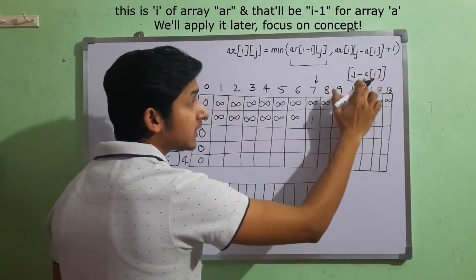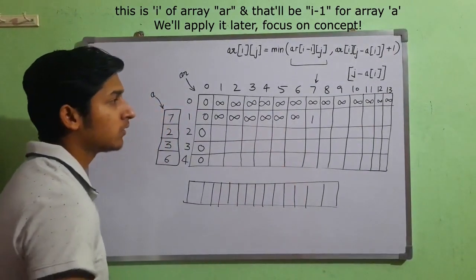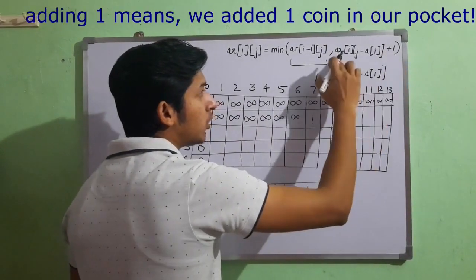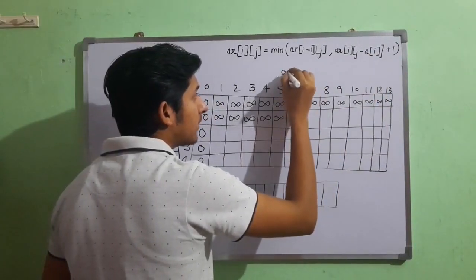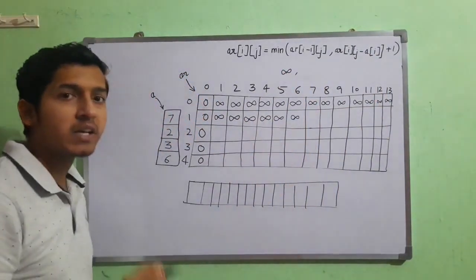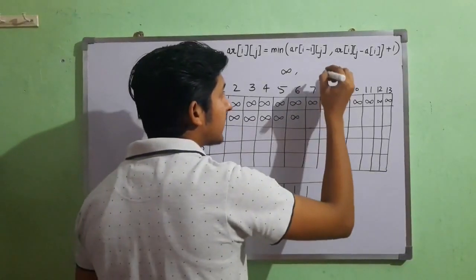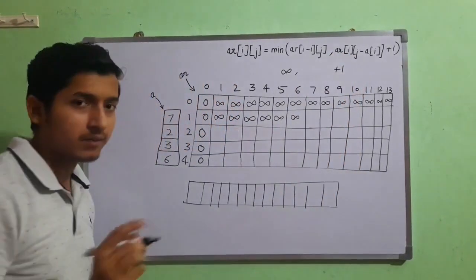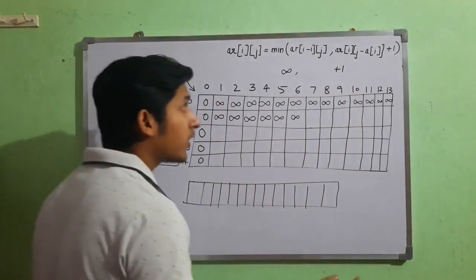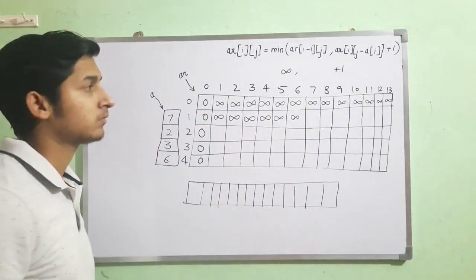Now I am left with this value only to get this sum. So I add 1 to this. So either I don't consider this coin in my ultimate solution, or I consider this coin, so it will increase my count by 1 and will calculate the number of coins required for the remaining values.